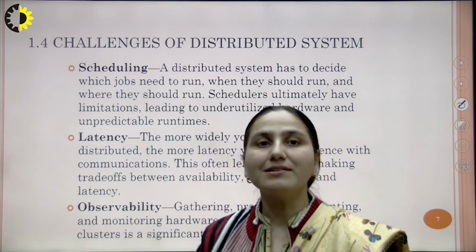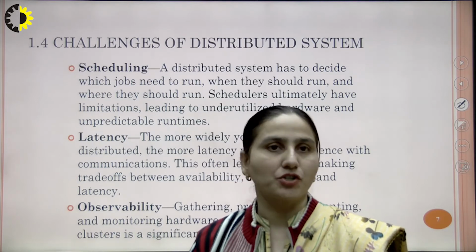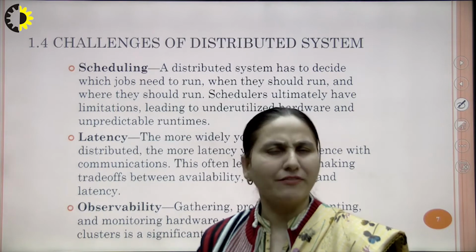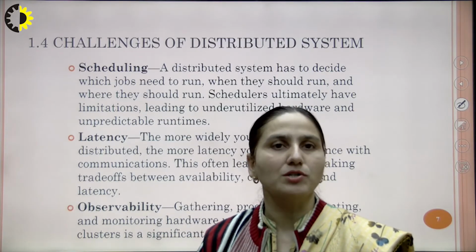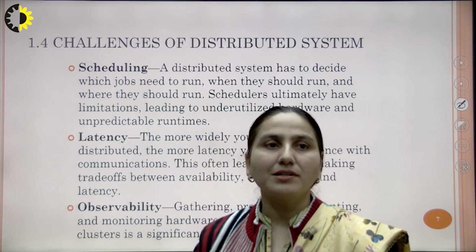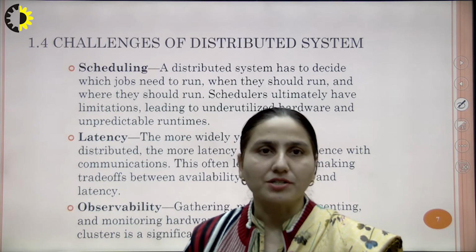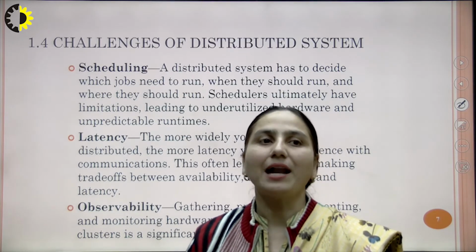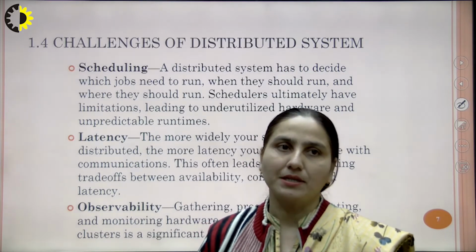So schedulers ultimately have limitations. Definitely we are using scheduling, and we have different scheduling algorithms, but these schedulers definitely have some limitations, which lead to underutilized hardware and unpredictable run times.